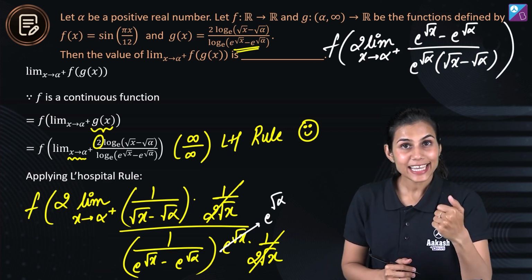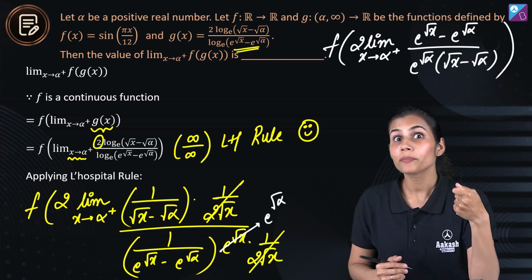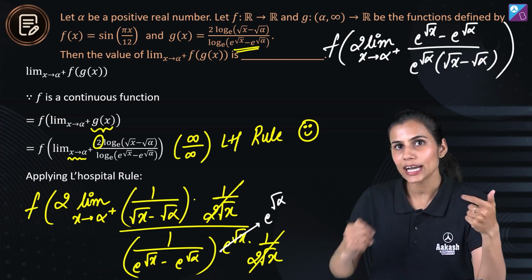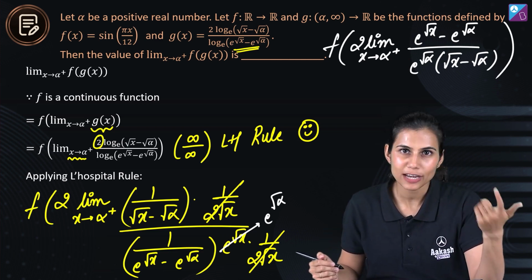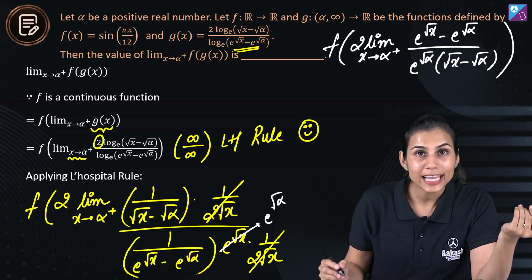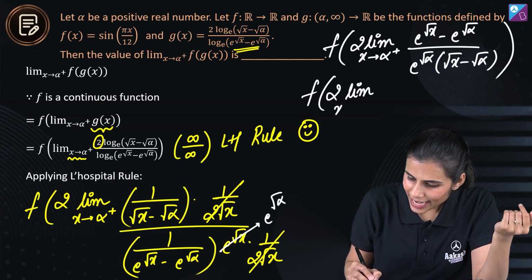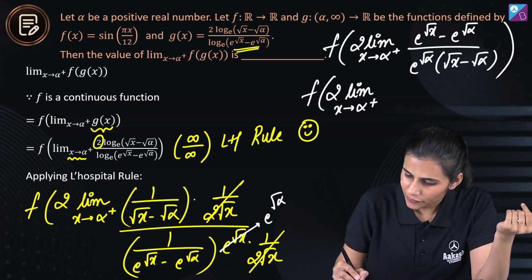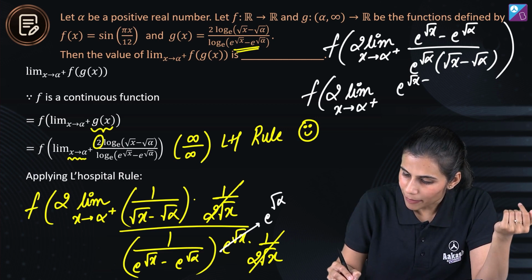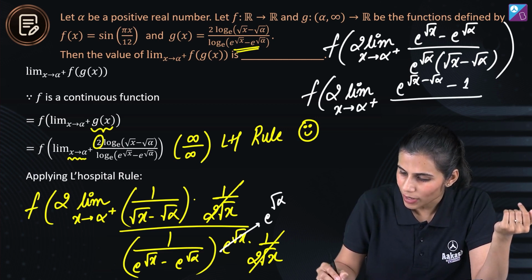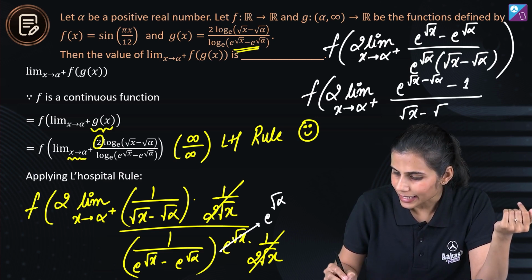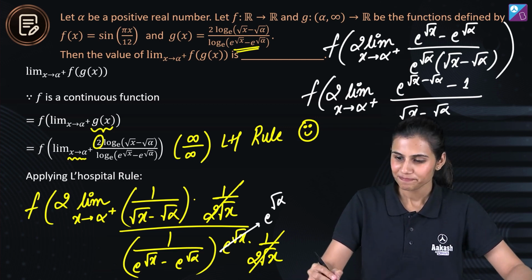Correct? I can take out e to the power root alpha common from the numerator as well. It will get cancelled out from the e to the power root alpha from the denominator, and eventually I'll be left with what? F of twice of limit x tends to alpha from the positive, e to the power root x minus root alpha, minus 1 upon root x minus root alpha.